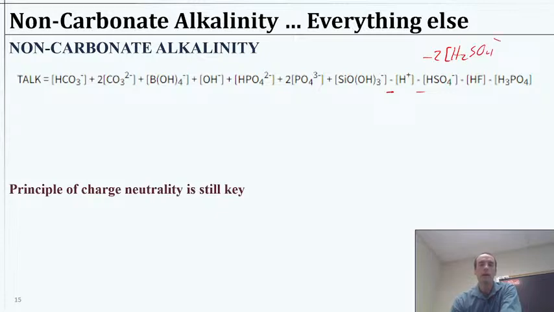The reason they're not including that here is because that's not going to exist as a species in water. It's immediately going to at least dissociate to HSO4 minus. So we're not actually going to include that. This equation is kind of showing us the species you might find in water. Really, any acids that would have a species at some sort of a pH, so phosphoric acid, all of this.